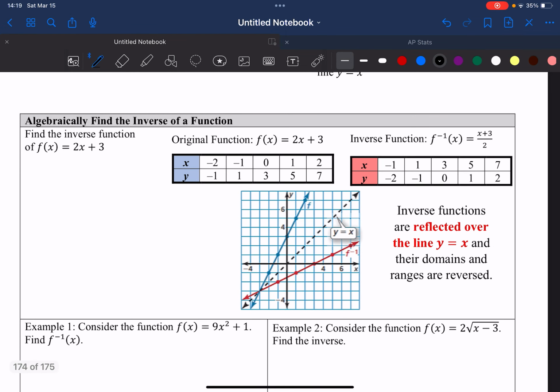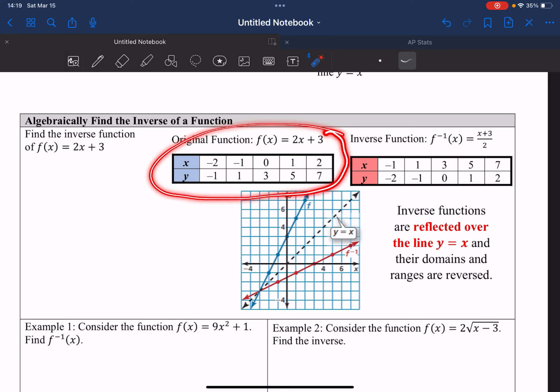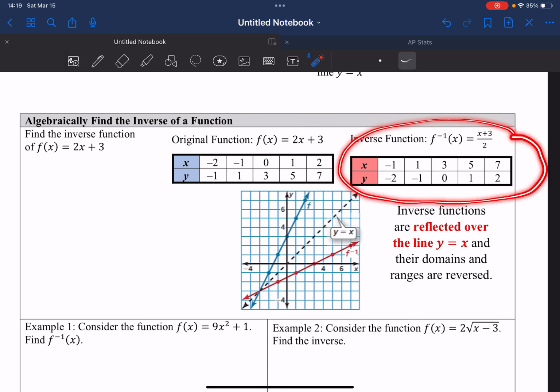So we can find inverses algebraically by looking at tables and graphs. Here, this one says find the inverse function of f of x is equal to 2x plus 3. Notice that they gave us the table for it and they found the inverse for us.